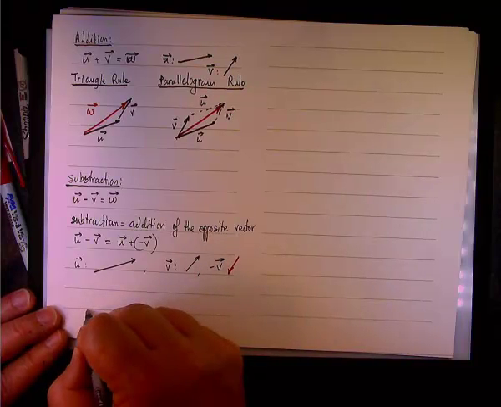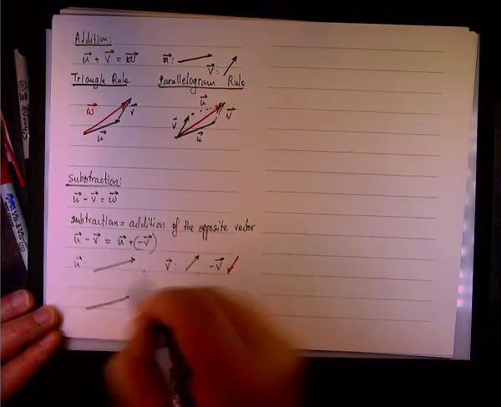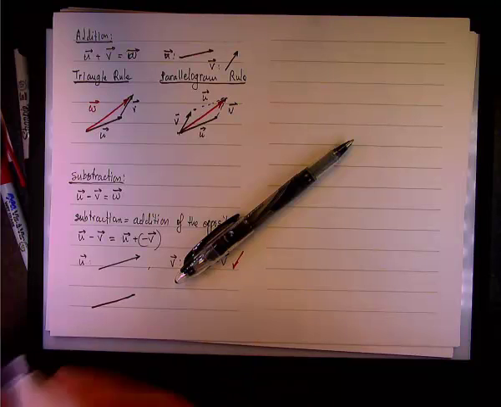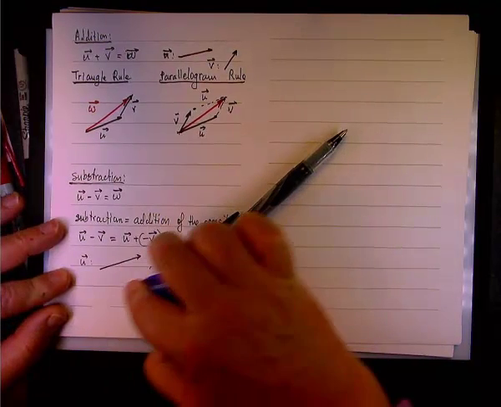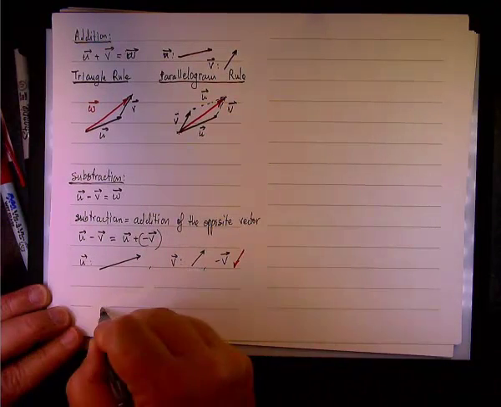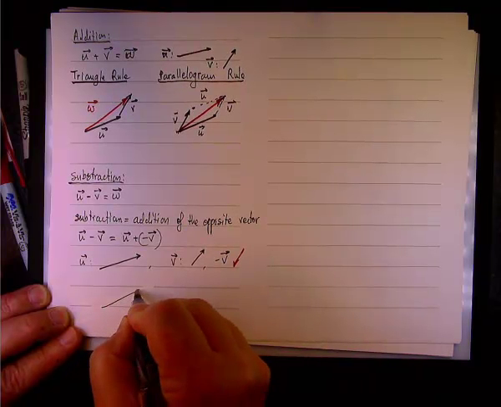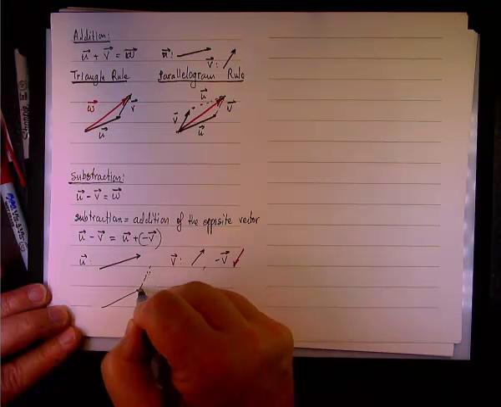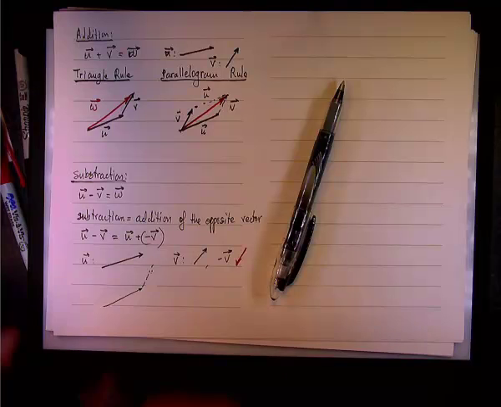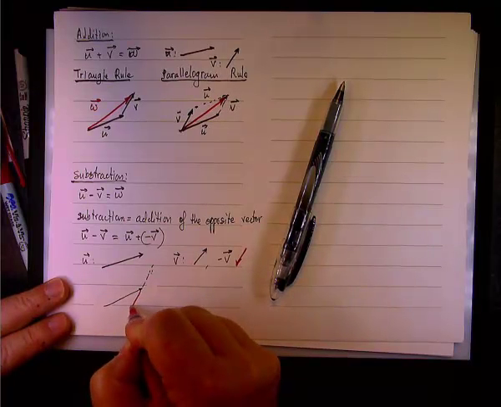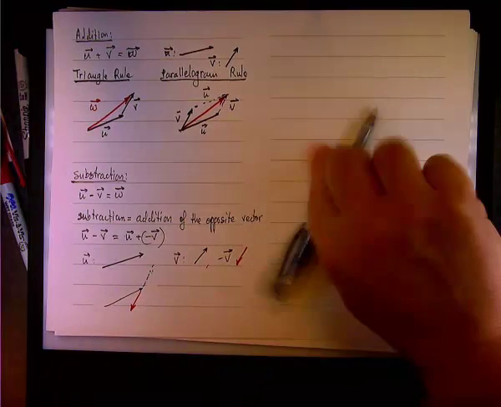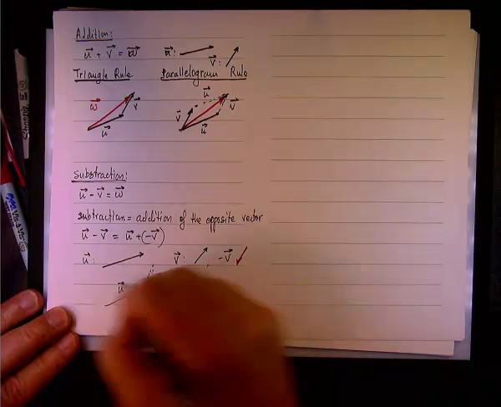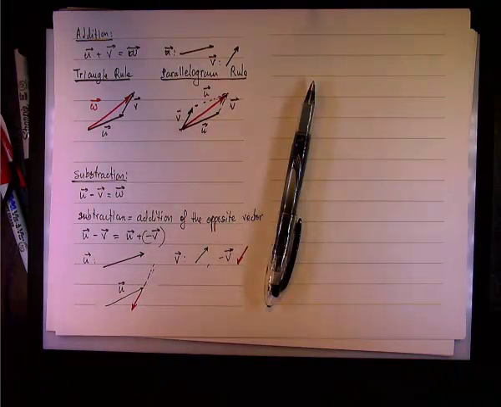So if we do u minus v, using the triangle rule, for instance, we'll go u, and instead of adding v, as we did before, I'm going to add negative v, which is this one.